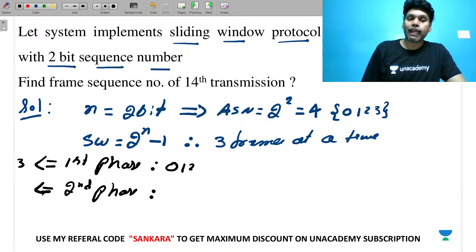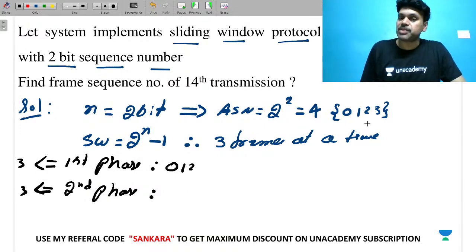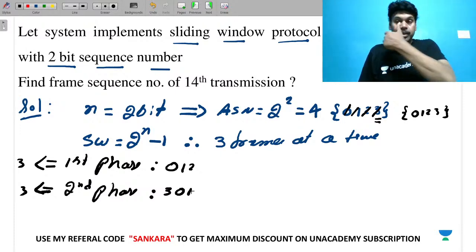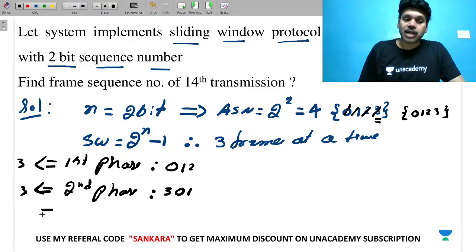Next 3 frames: 3 is left still, and these sequence numbers will be reused continuously. So 3 completed, next 0 will come, 1 will come. After that, the third phase I am starting, which is also 3 frames only.